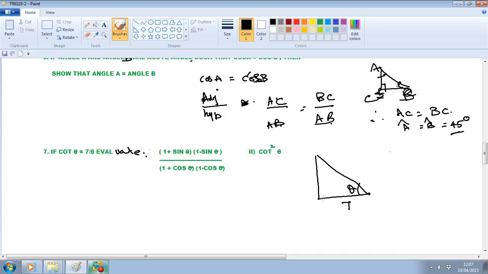So this is 7, this is 8. What about the hypotenuse? 8 square plus 7 square is 64 plus 49, equal to 113. Am I correct?